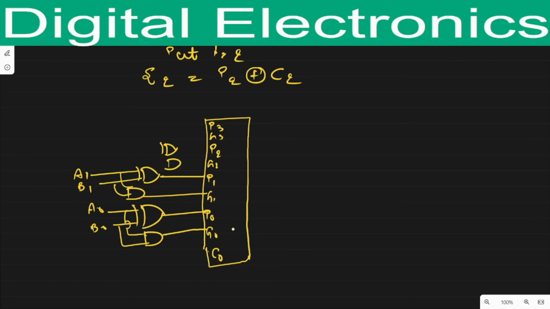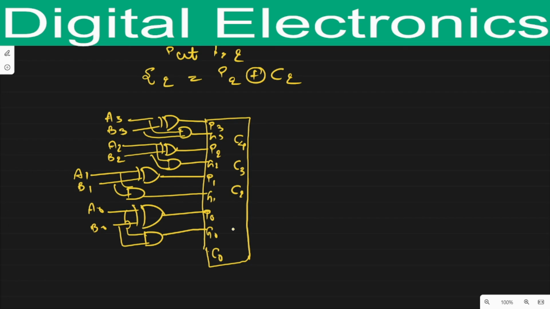The same condition will occur here also. This one is an XOR gate, this one is an AND gate. This one is A2 and this one is B2, and this one is our last condition, A3 and B3. On the output side we will write C4, C3, C2 and C1, because C0 is represented on this side only.